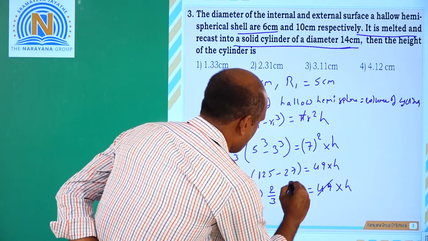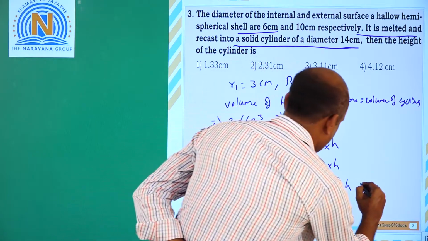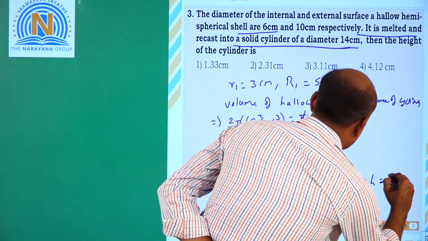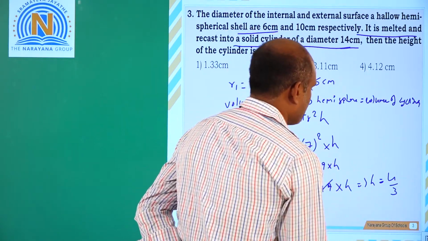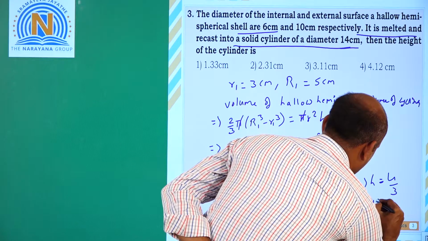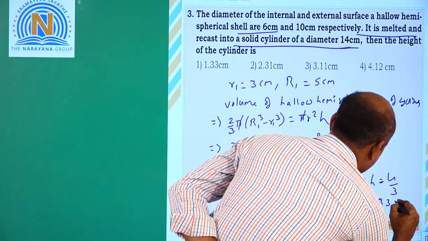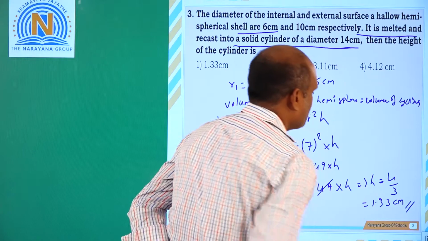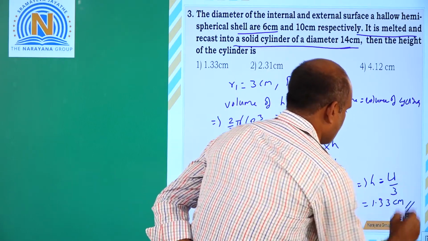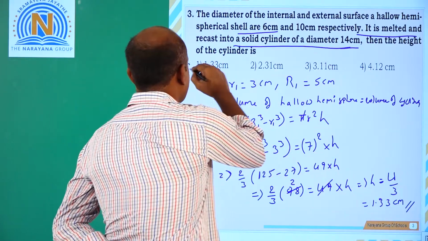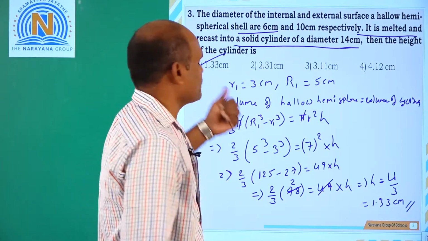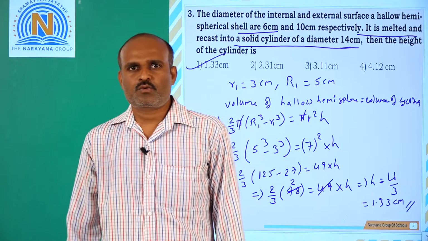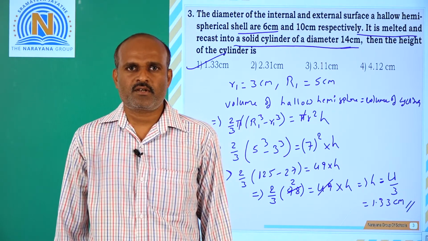That implies h is equal to 4 by 3, that is equal to 1.33 centimeters. So the height of the cylinder is 1.33 centimeters. So option 1 is the correct answer. This is today's assignment. Thank you students. Stay home, stay safe.